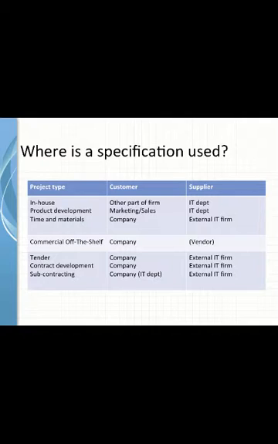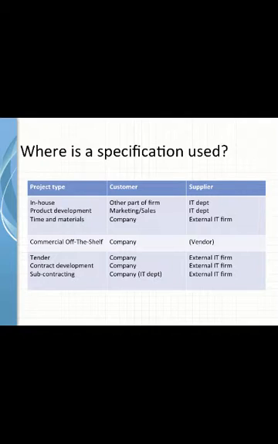Requirement specifications can be used under different circumstances, depending upon the type of the project and the different needs of the stakeholders involved. In different kinds of project types, different stakeholders act as customers and suppliers. In particular, companies that produce products will have their own IT development department that typically develops the software in-house. Sometimes such development teams will be assisted by external consultants working on time and material type of contracts.